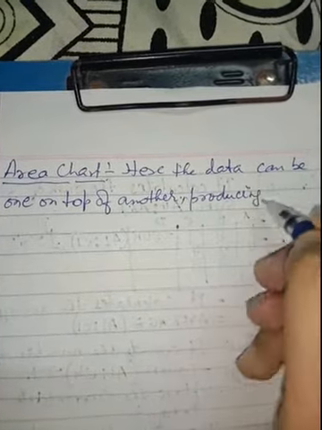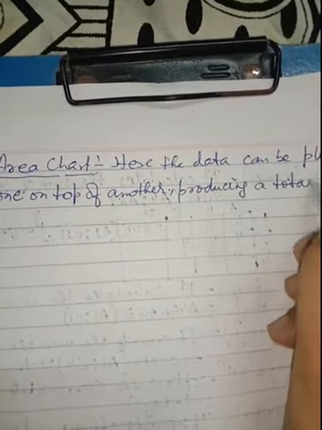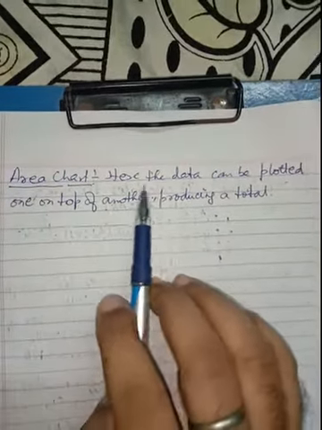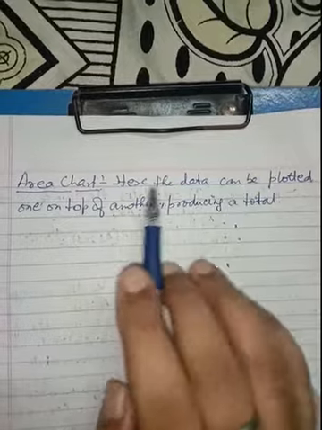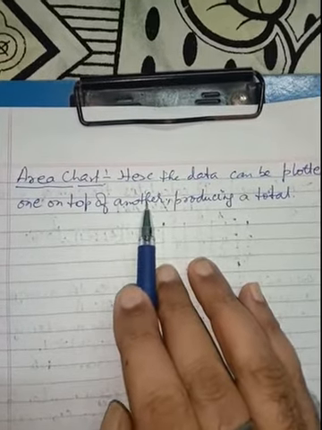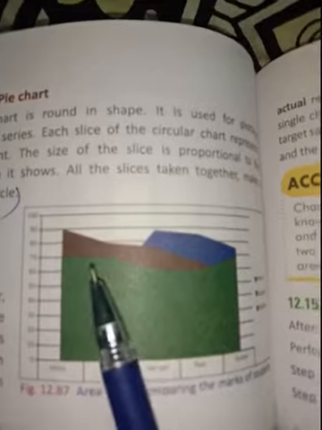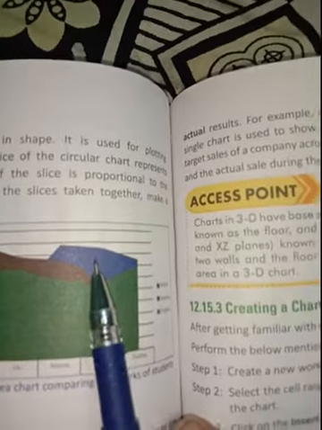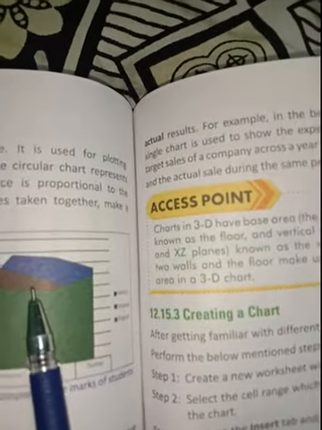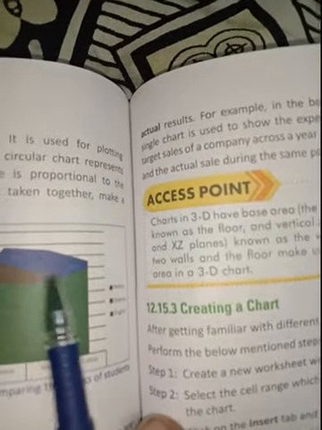So here we find the data can be plotted one on top of another, producing a total. This is a diagram of an area chart where we find one on top of another, and this type of chart represents the magnitude of change of data over time.